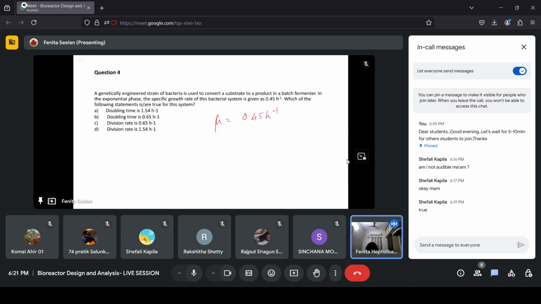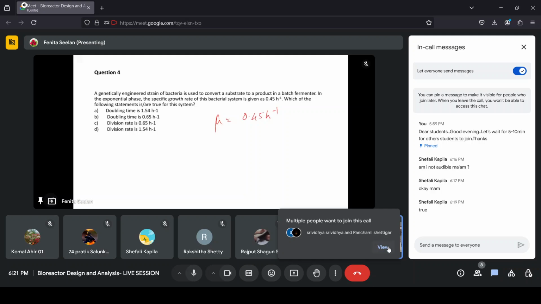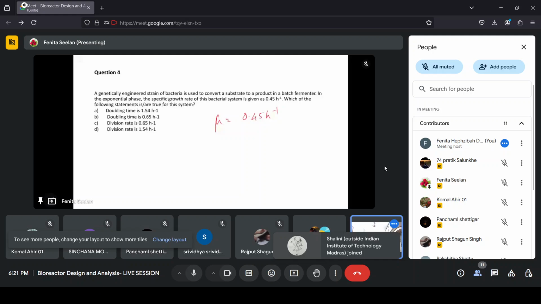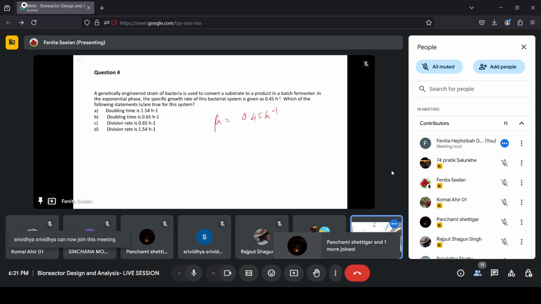The options are about doubling time and division rate. What is division rate?